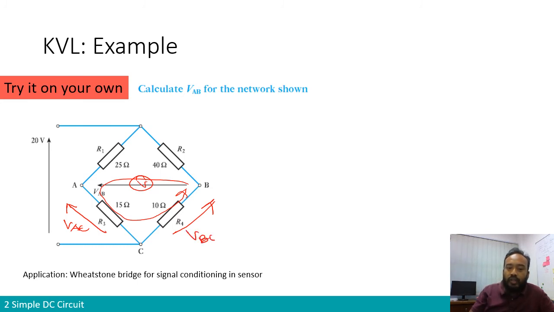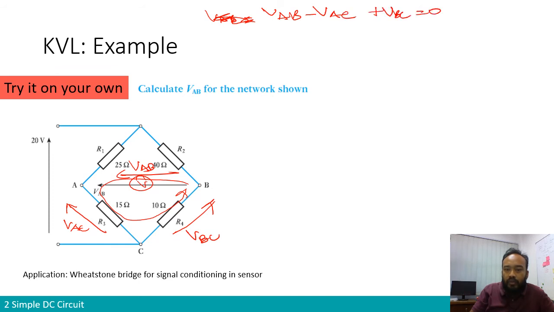So if we do the KVL inside here, we can write VAB, if we write in a sum form, VAB minus VAC plus VBC equals 0.